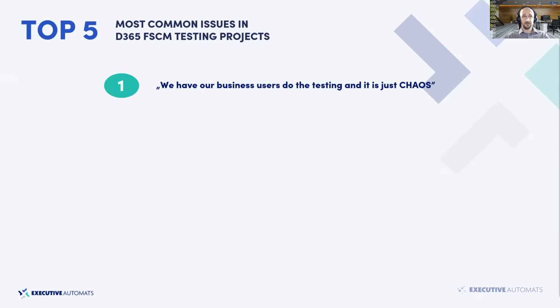is often causing a lot of chaos for the organization and for the stability of the test plan, because these business users have their day-to-day job, and if they get the task to complete some test cases, to go through the testing, they need to do it aside of their day-to-day job, and they're not happy to do it.